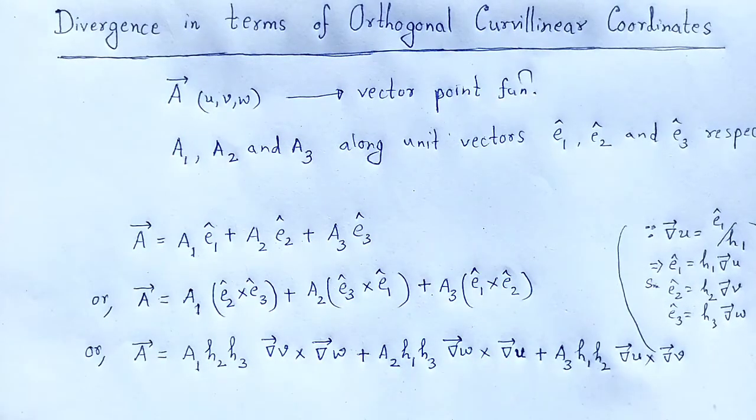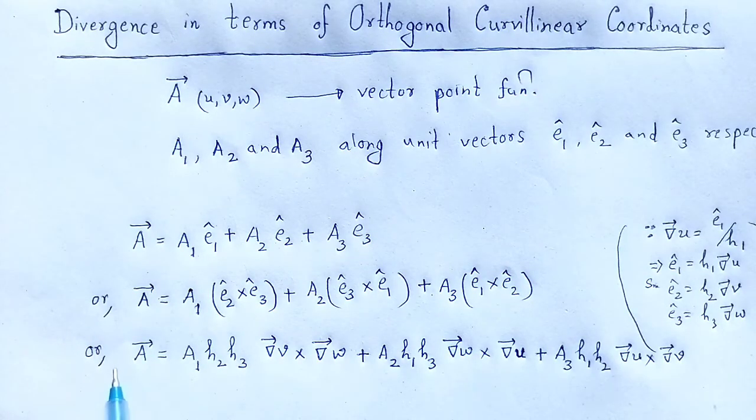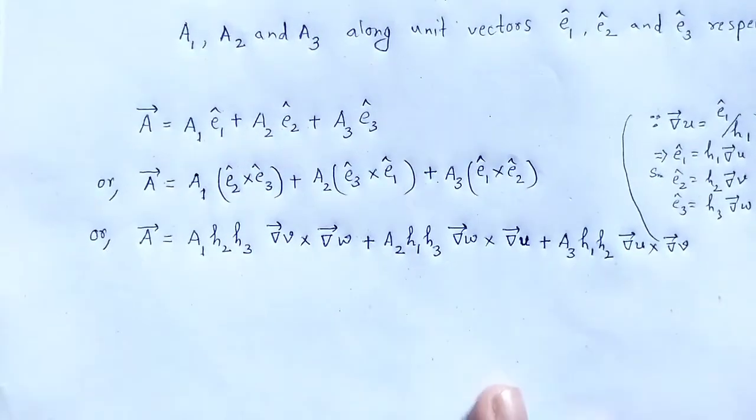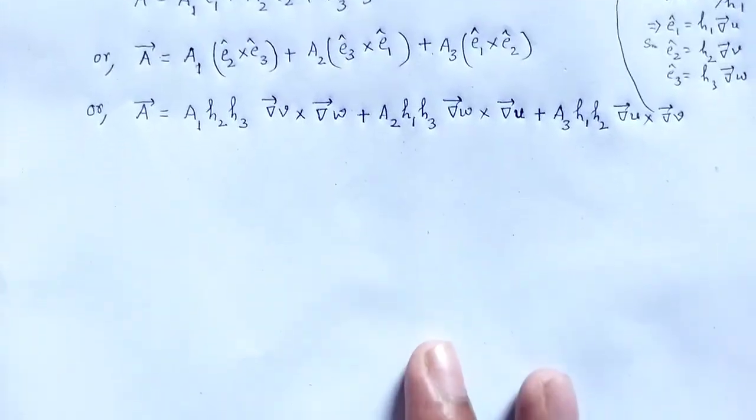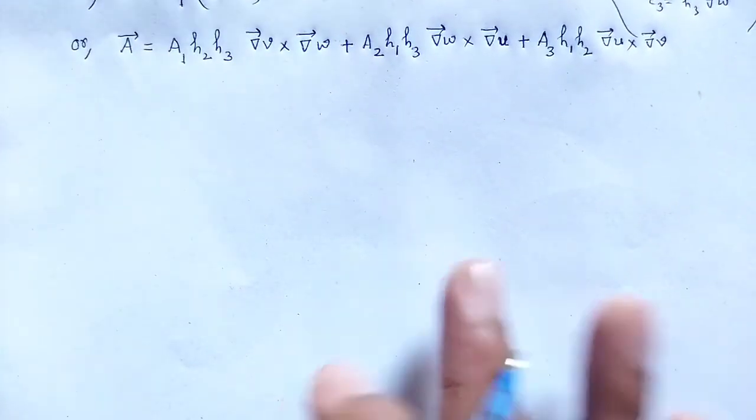Now we have to take the dot product of the gradient vector with this vector. What should be the result? Let us see.